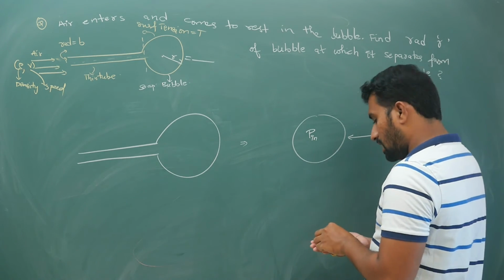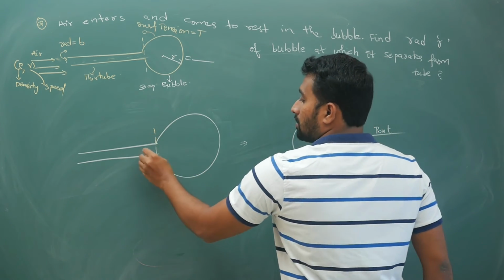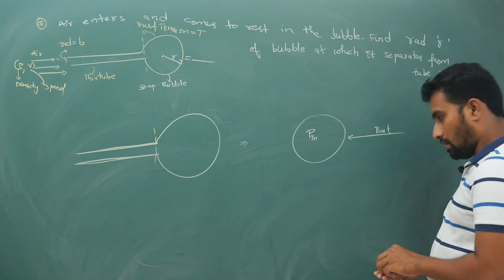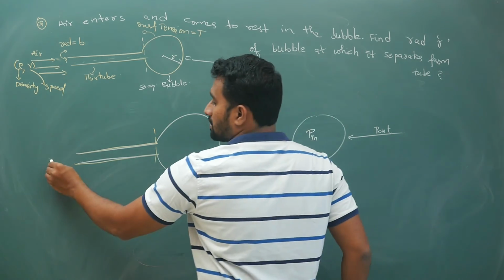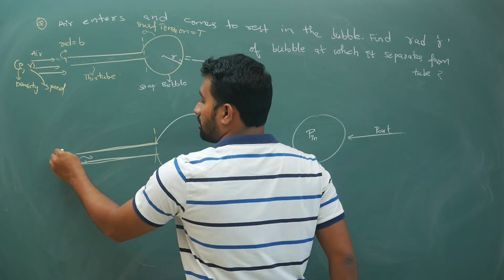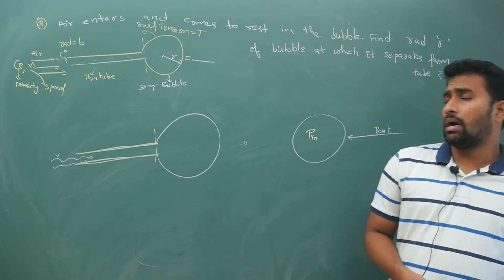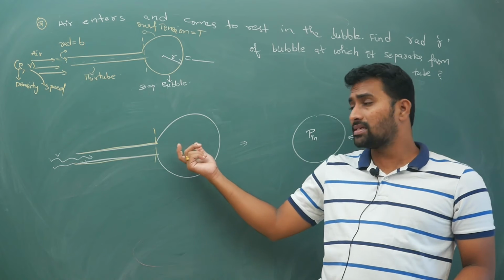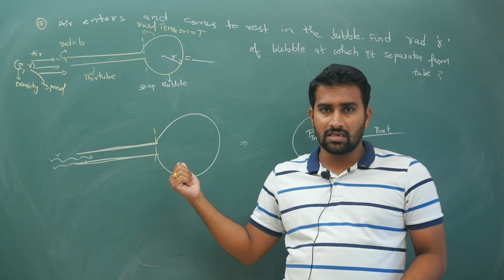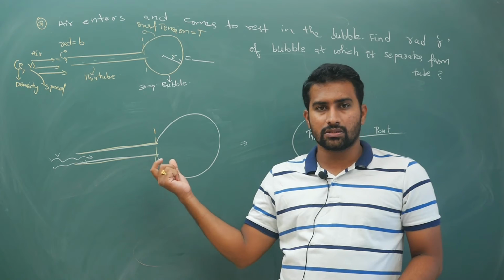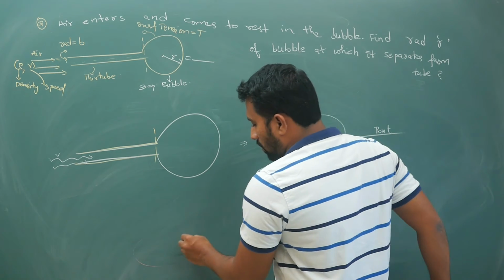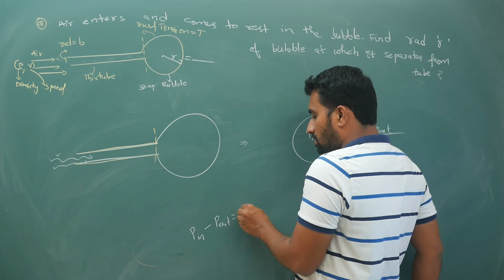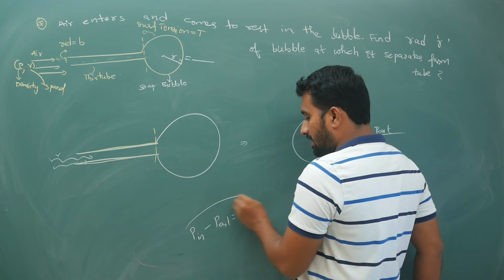Here your tube is this way, your bubble is this way. Air molecules will start entering and keep coming with velocity v. When this air keeps filling in, inside pressure will increase. Your excess pressure is P in minus P out, which in the case of a bubble is 4T by radius r.